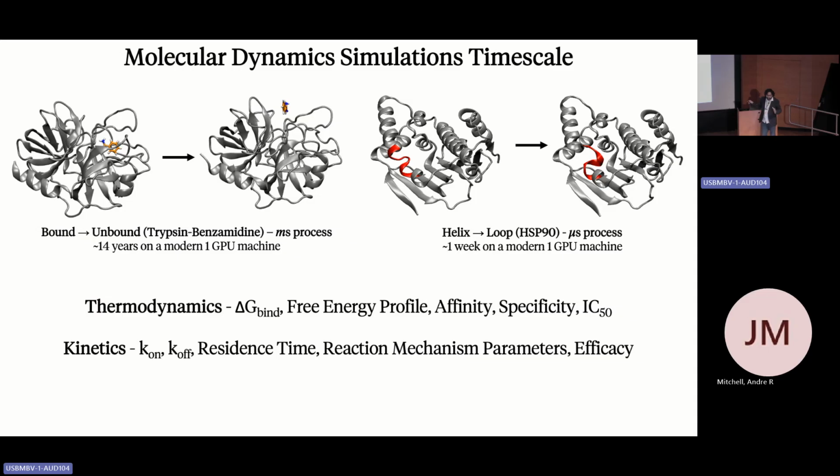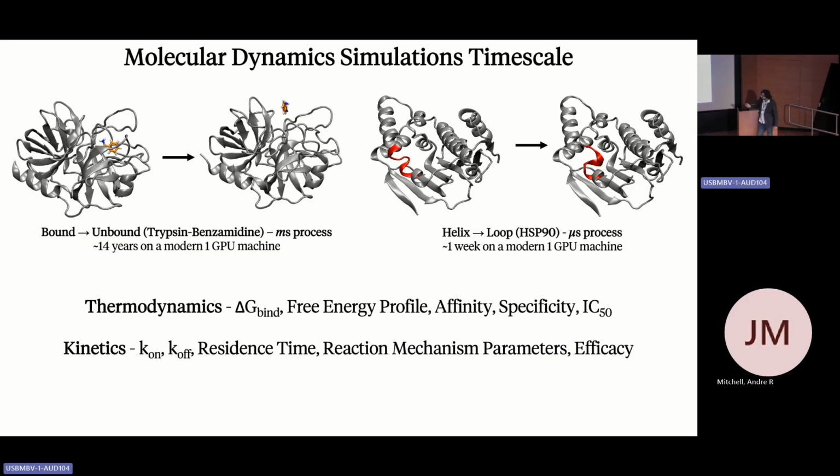With a one-GPU machine, it will take around 14 years to see one event of unbinding, which is a very simple one-click process. For just the helix to loop transformation in HSP90, it takes a week to observe it on a GPU machine. So what are the quantities we care about?